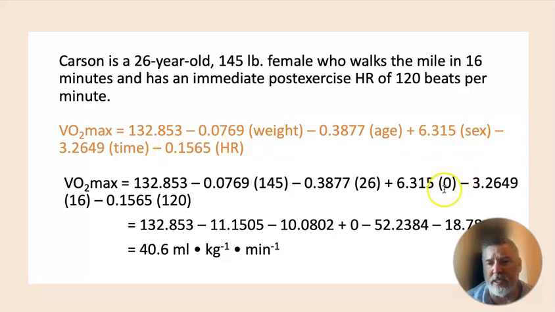Notice for sex we plug in a 0, calculate that out, and then round to 1 digit. We always round to 1 digit, so we have 40.6 mL per kg per minute. All I'm doing is using this formula and plugging in these values. You can do that whenever you're doing your walking test. Just refer to this formula to calculate VO2.